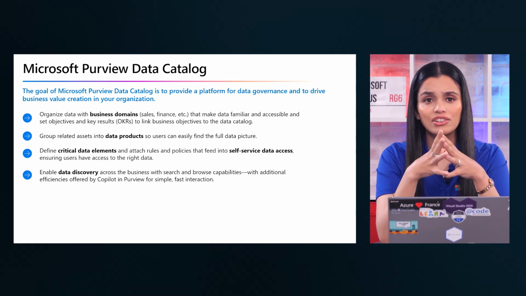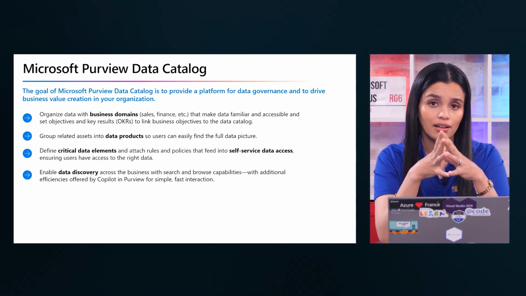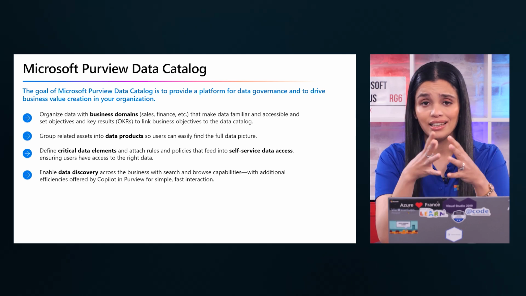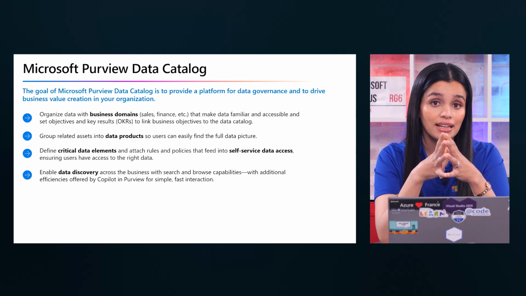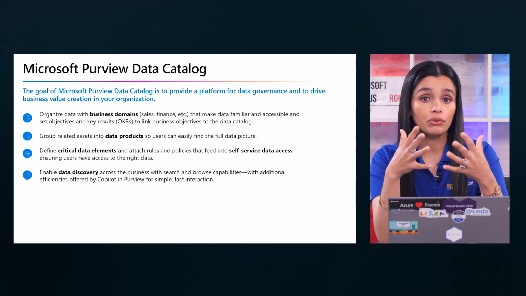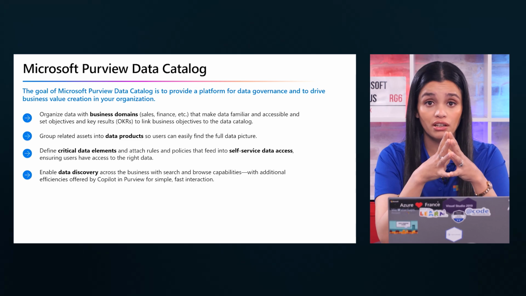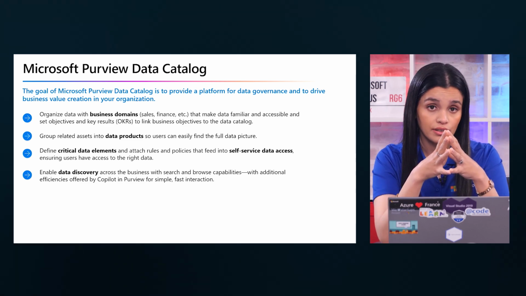Glossary terms add critical business context and apply management policies to your data. And critical data elements group important information, making data easier to understand and secure. In addition, OKRs link data products to real business objectives, bridging the gap between business and data governance.